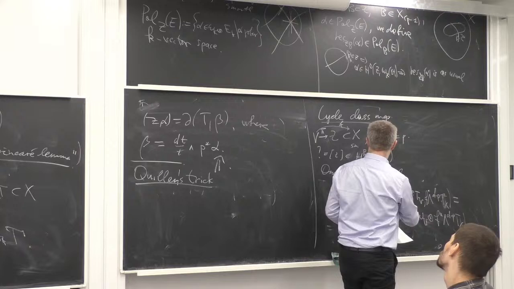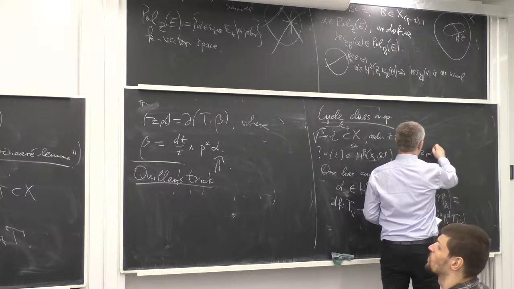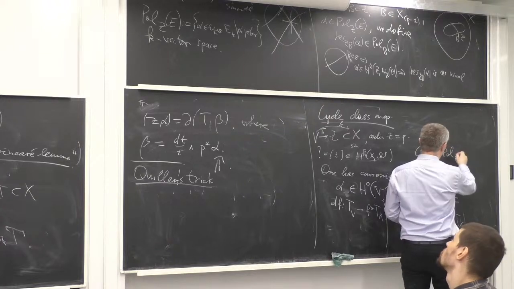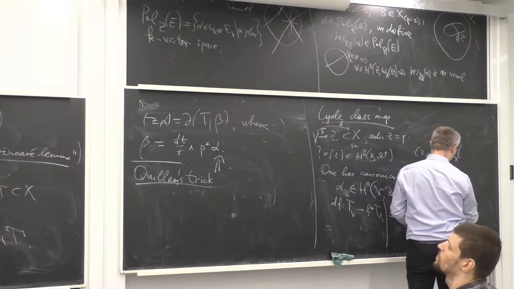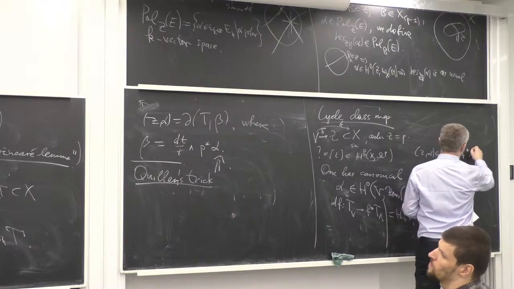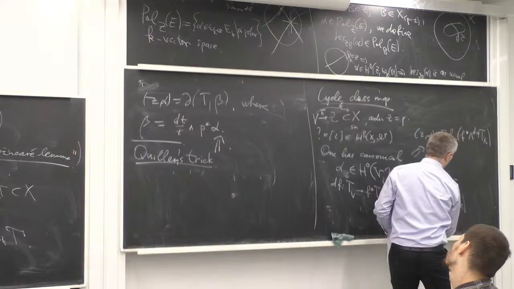So I get a canonical cycle, Z_alpha, in the polar complex of X with value here f star wedge d minus p TX.